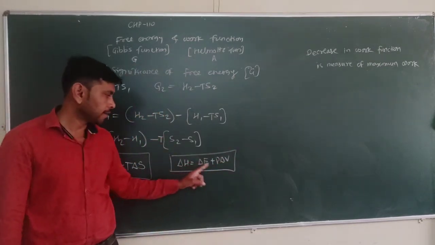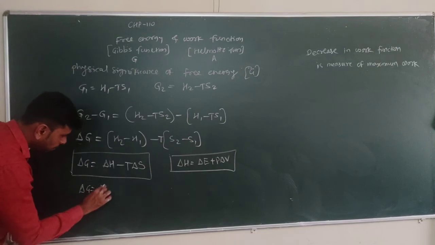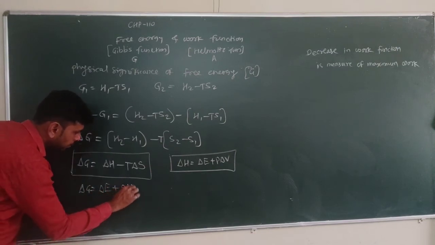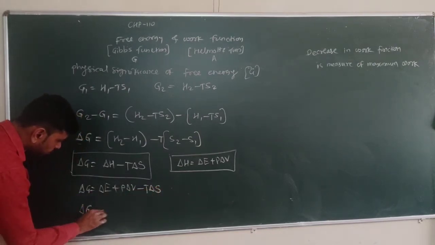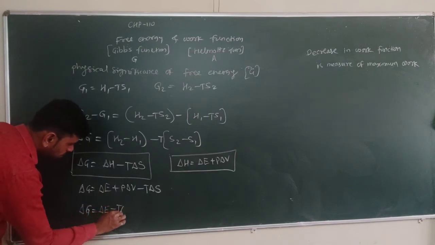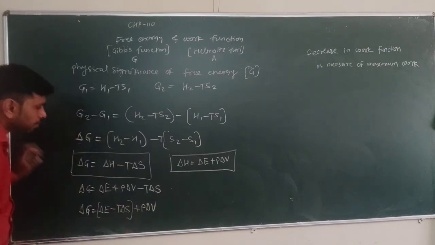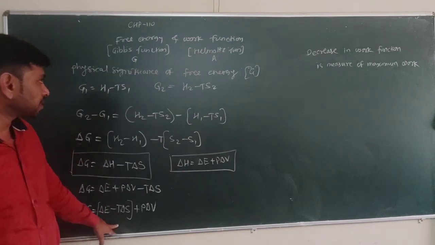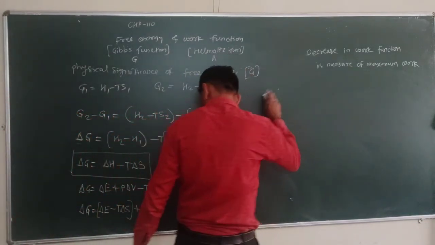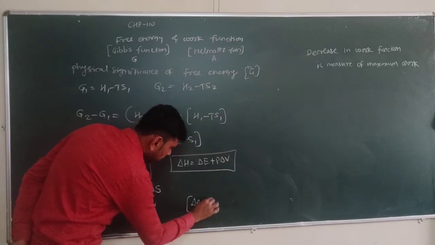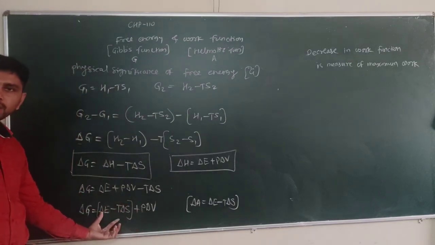Now in delta G, if we replace delta H, we get delta E plus P delta V minus T delta S, and some rearrangement gives delta E minus T delta S plus P delta V. We know that this term, delta E minus T delta S, represents the change in work function, delta A. So we have to replace this term here.